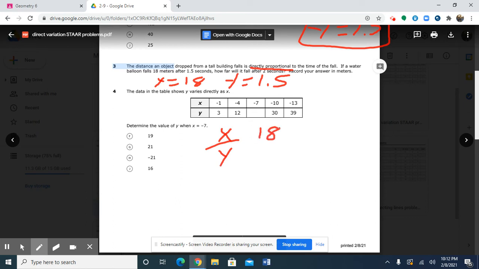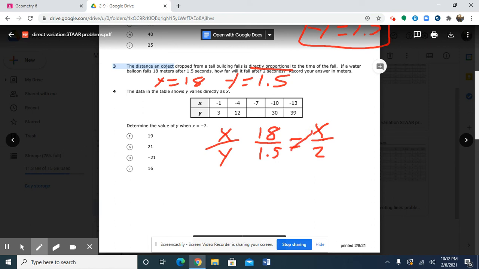So it's telling us that in 1.5 seconds, we fall 18 meters. This should be equal to x over 2. And again, the reason why is because we're trying to find how much it falls after 2 seconds. So we can say that y is equal to 2 and x is what we're trying to find.